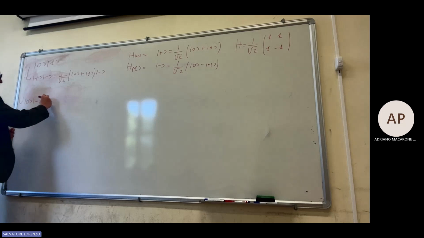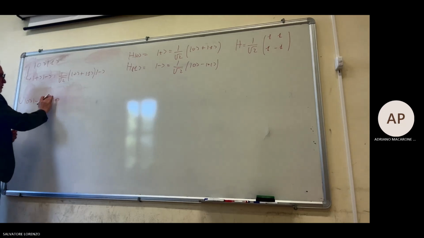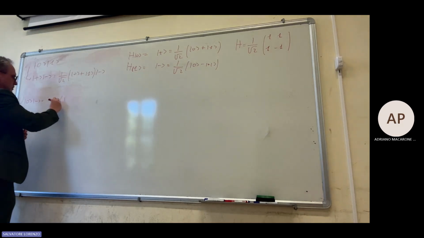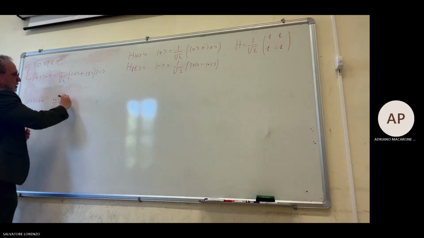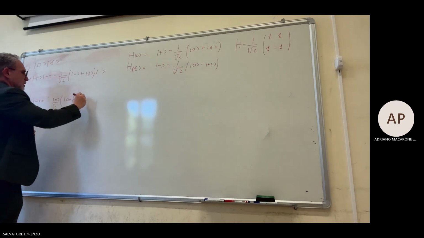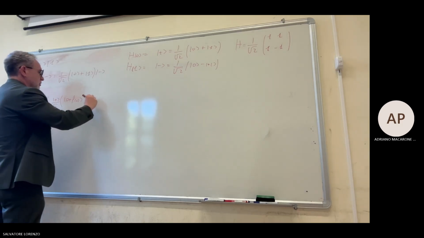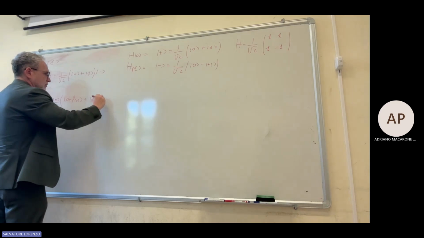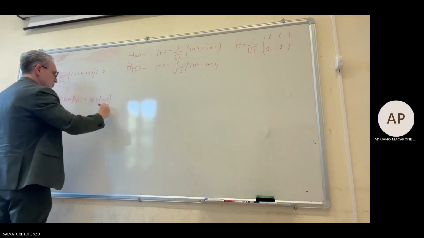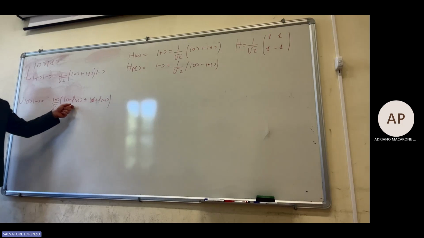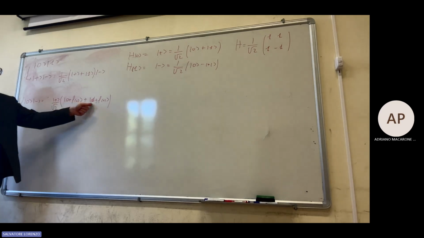What happens is that we have 0, and then we have 1 over square root of 2 times (0, 0 plus f of 0, minus 1 plus f of 0). Now, if f of 0 is 0, this stays 0, and this one stays 1.